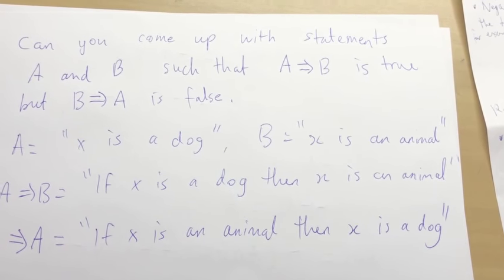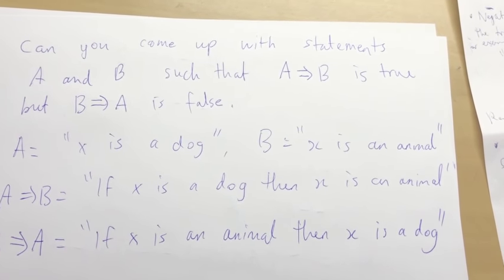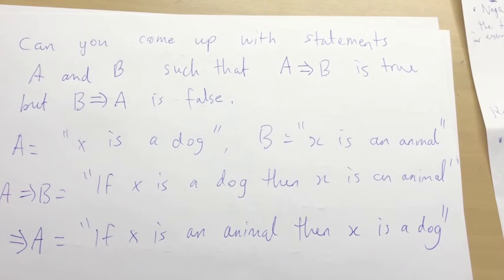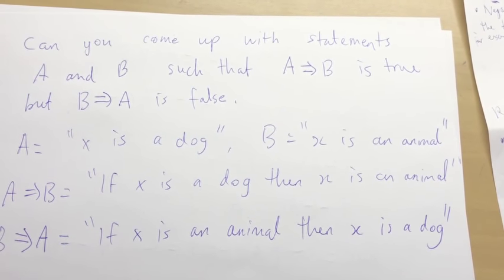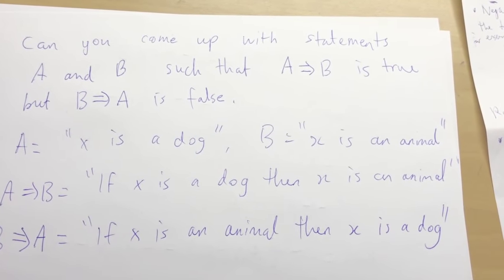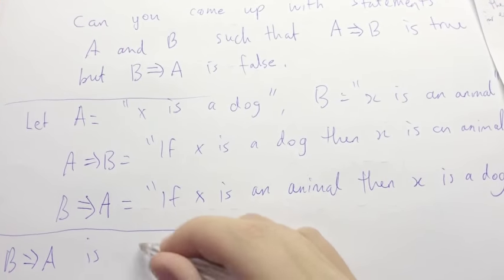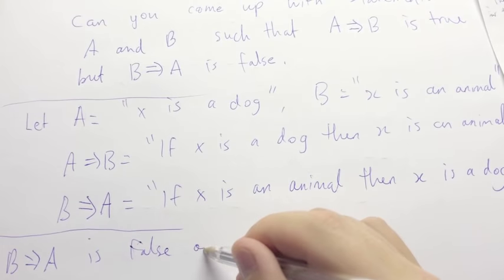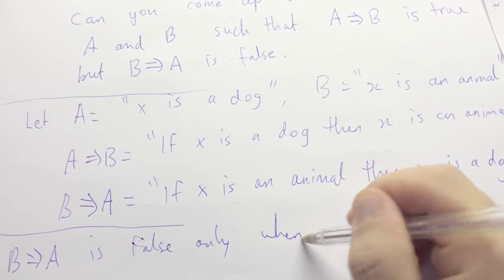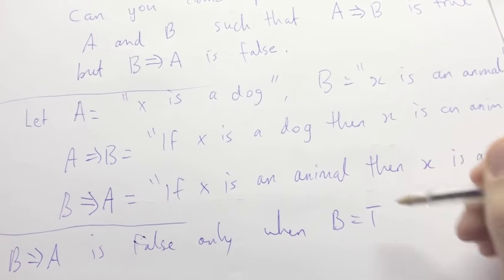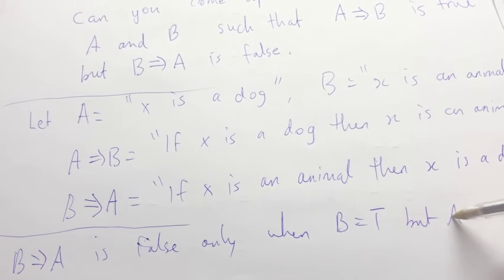Since we only care about the truth value of the statements, it might be a good idea to see what truth values will make it false. There's only one way to make B implies A false: B implies A is false only when B is true, but A is false.